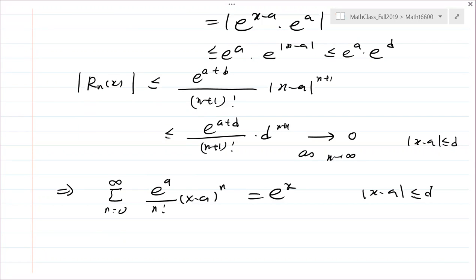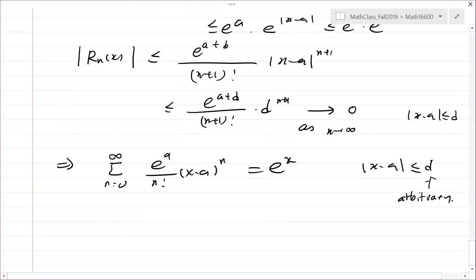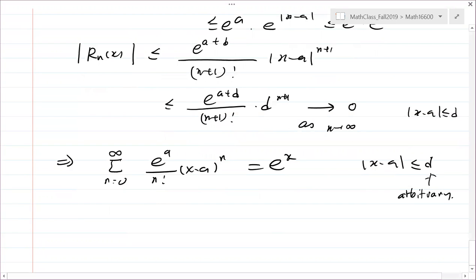This is an arbitrary number, right? We did not even specify. So we always have this identity. The exponential function can be represented by the power series at any number.